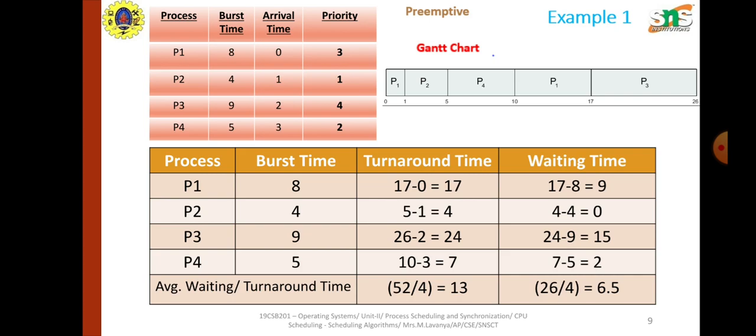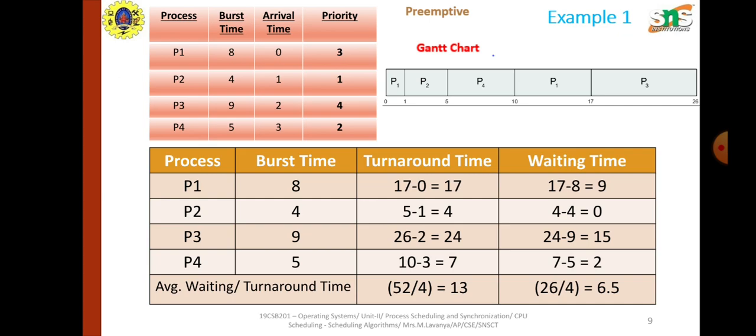P4 starts at 5 milliseconds and its burst time is 5. 5 plus 5 equals 10, the completion time of P4. Now P1 and P3 are in the waiting queue. P1 has a higher priority than P3. The priority of P1 is 3, so it will be allocated for execution.